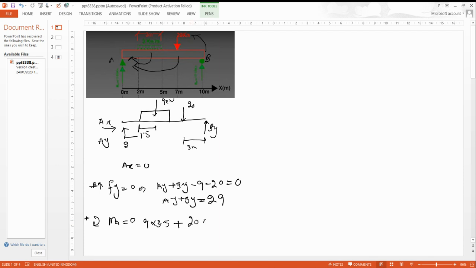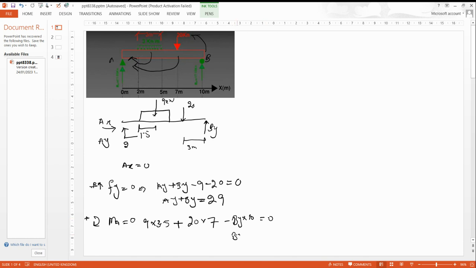So 20 multiplied by 7, and By multiplied by the total distance of 10 equals 0.